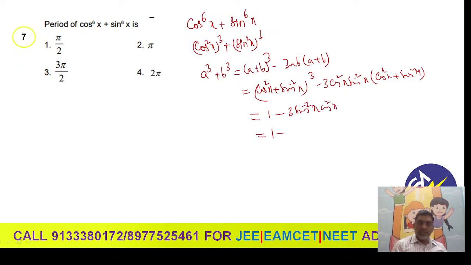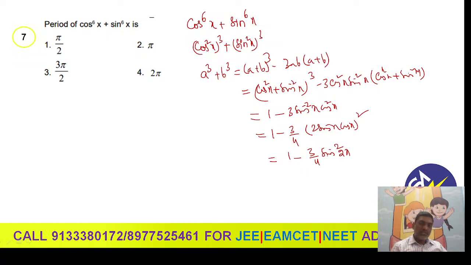So finally we can write this as 1 minus 3 by 4 into 2 sin x cos x whole square. So it equals 1 minus 3 by 4 into sin square 2x. Isn't it? We are getting sin square 2x.